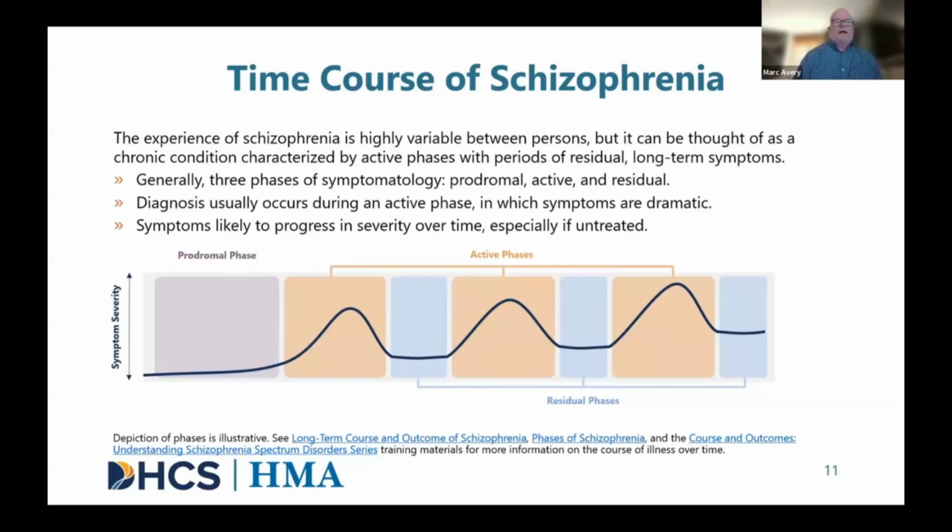Schizophrenia generally follows a pattern of acute episodes of illness, oftentimes characterized by prominent positive symptoms along with negative symptoms, which we'll cover next. These symptoms, in both active phases and residual phases, may exhibit progression over time, especially if the person goes untreated.